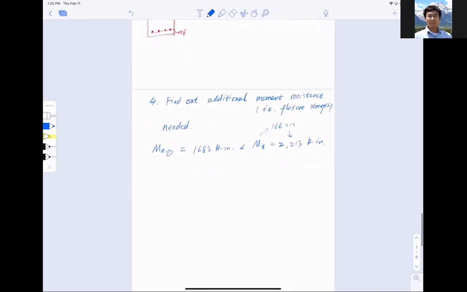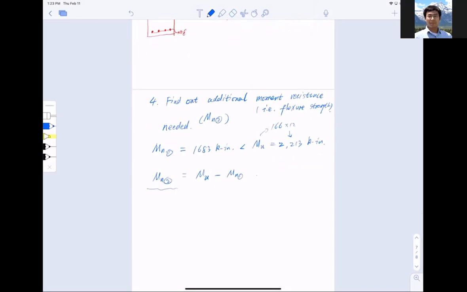Now Mn2, which is added. Okay, so this is Mn2, by the way. It is the additional moment required. Need to be Mu, sorry, my U looks like an N today. My Mu minus Mn1. Sorry, I have 2 systems, it's confusing here.